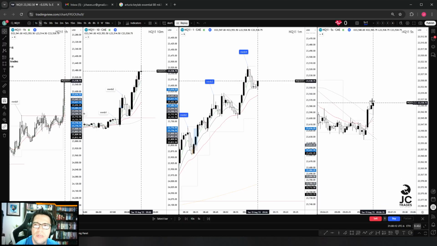So this one is a double MB, is a MB2, not a sort of MB that I like.